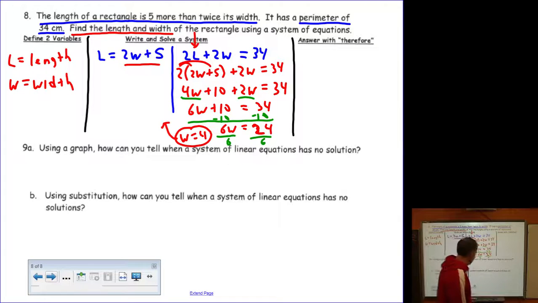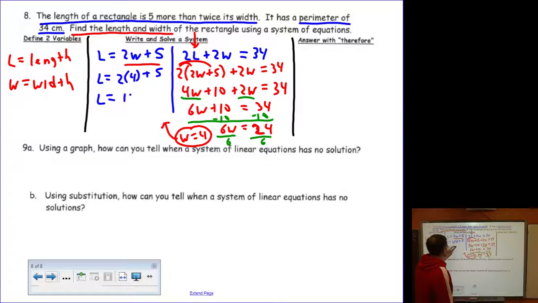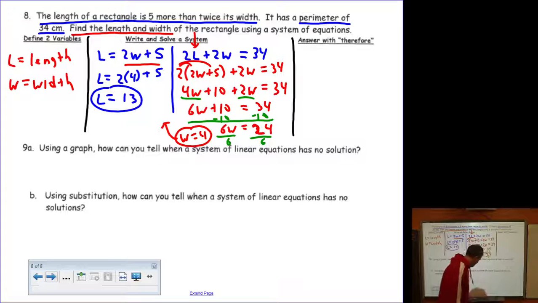And I can substitute that in up here for the length. And get length is 2 times 4 plus 5. So that would be 13. And finally, I am ready to answer the question. The length is 13, the width is 4.